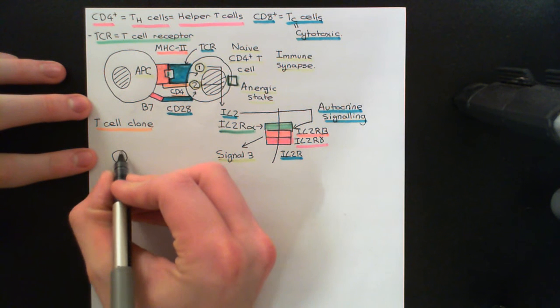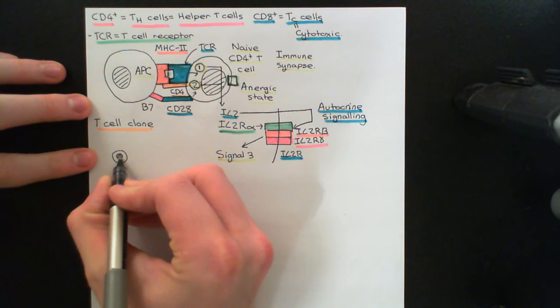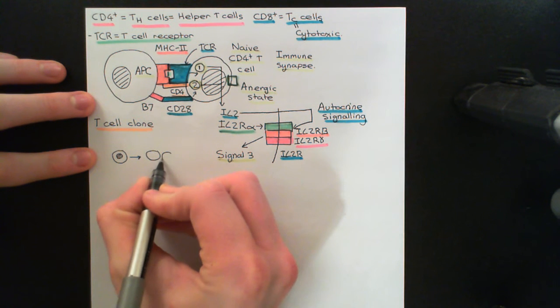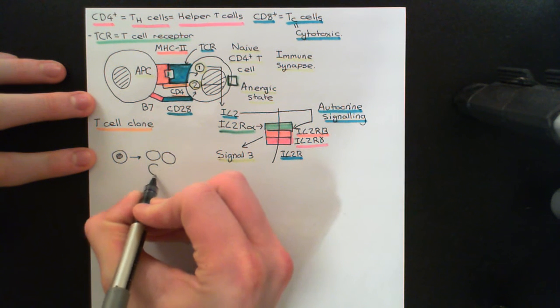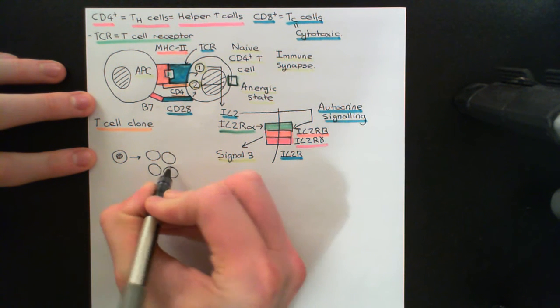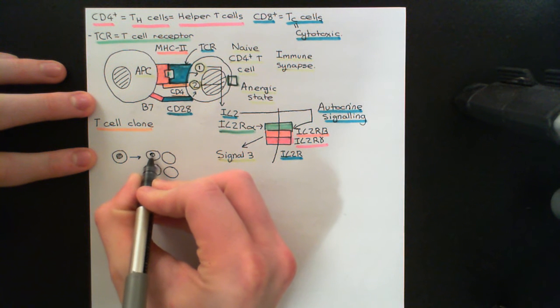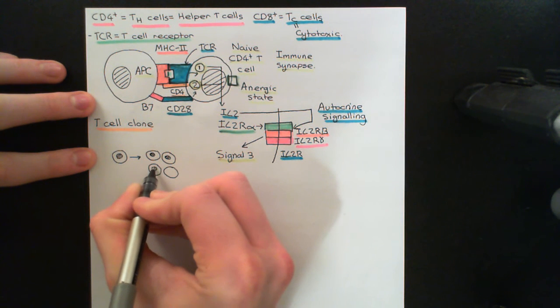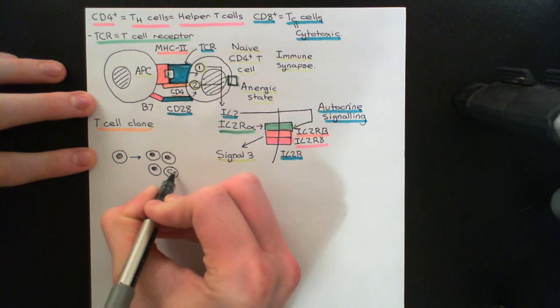So I'll draw this here. So we go from having one cell to having a whole bunch of cells. So we actually can call this T cell clonal expansion, because all of these progeny T cells that you're producing here, they will all have the identical design of T cell receptor.